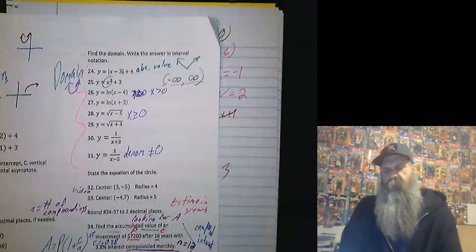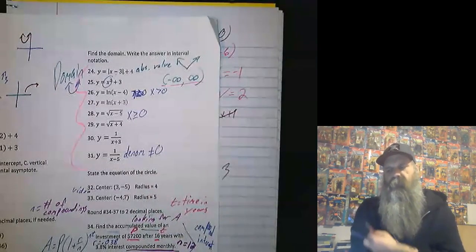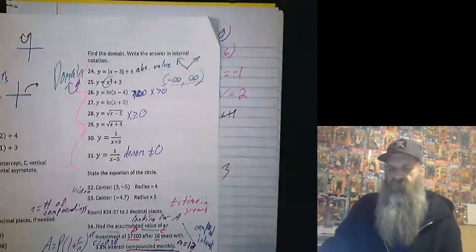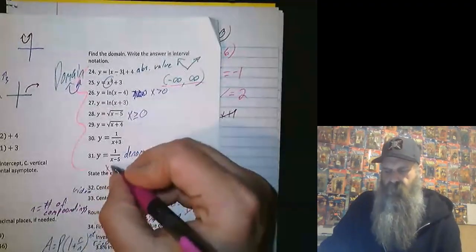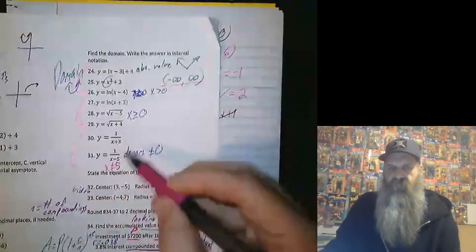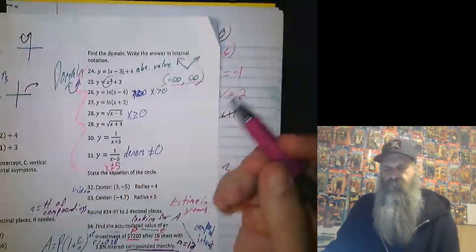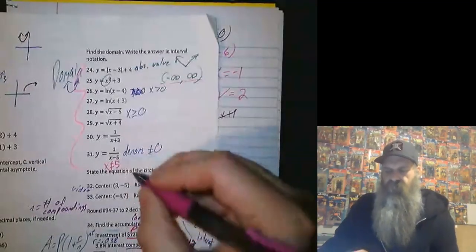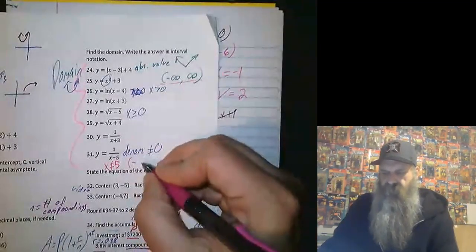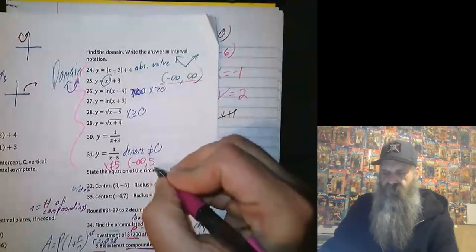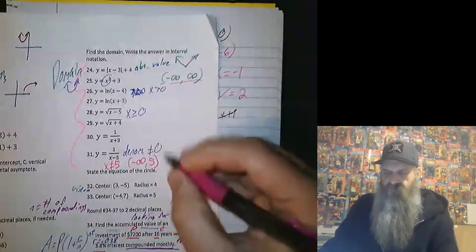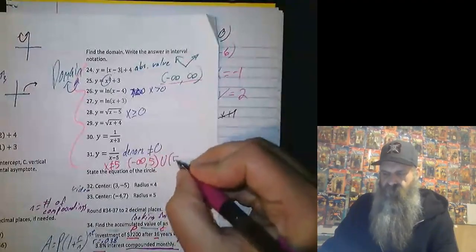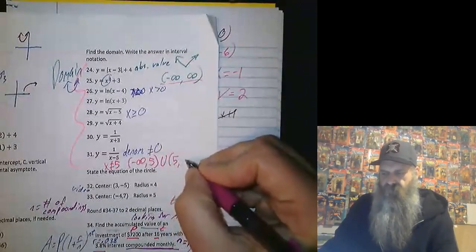So we'll start with 31. So 1 over x minus 5 means that x cannot equal positive 5. 5 minus 5 is 0. So the domain is everything but 5. So we need to write it as negative infinity to 5 parentheses unioned with 5 to infinity.